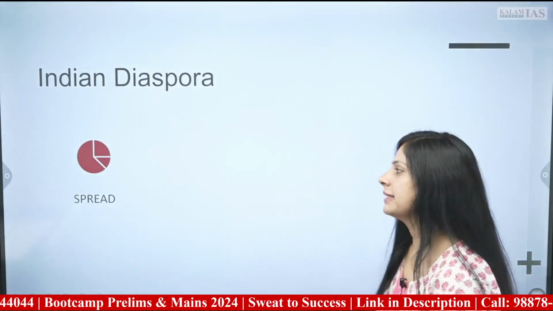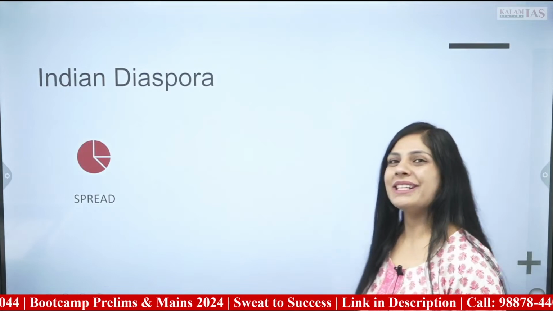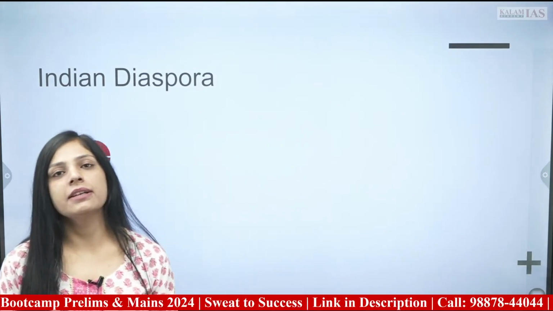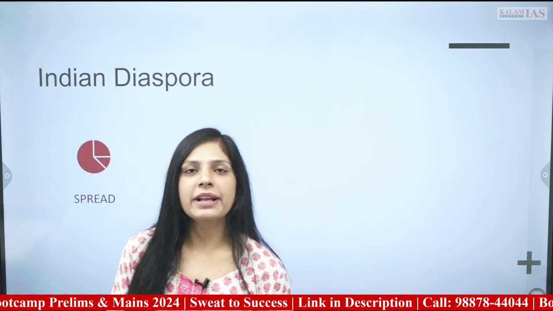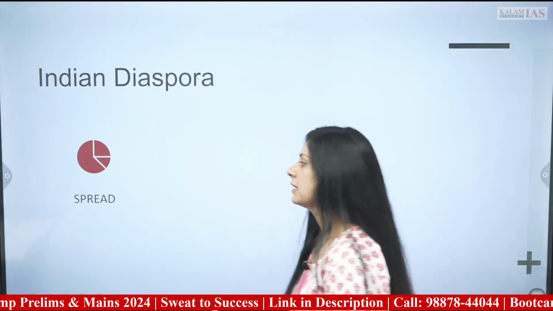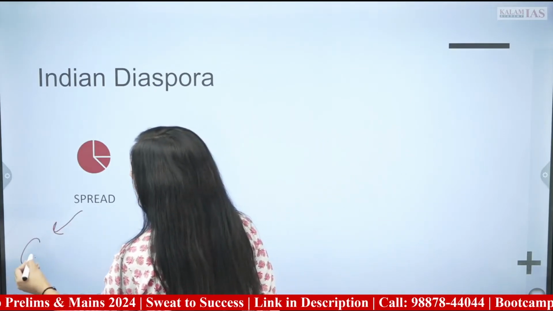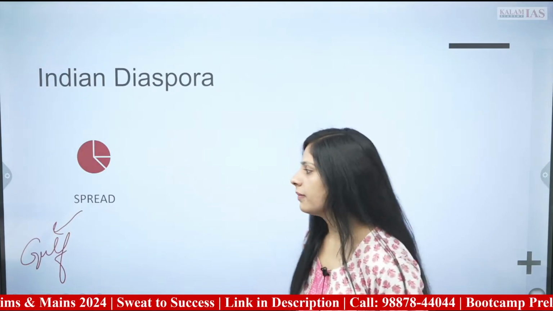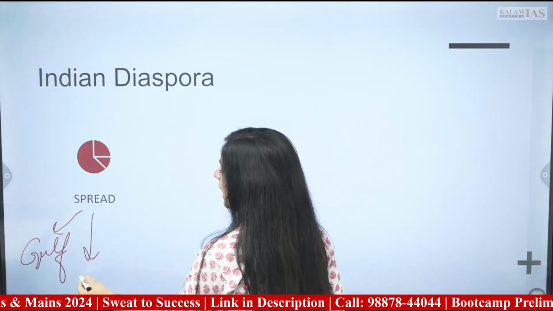So first you can understand how the diaspora is spread. In all countries, major presence of diaspora can be seen. For example, this time West has been asked, another time Gulf can be asked, right? South Asian regions can be asked.